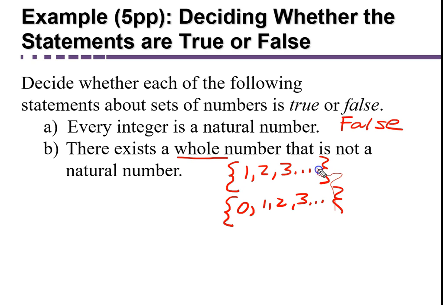The only addition to natural numbers was the 0. So this next one here would be true, because there is this 0 that is a whole number, but not a natural number. All right, let's go on here.